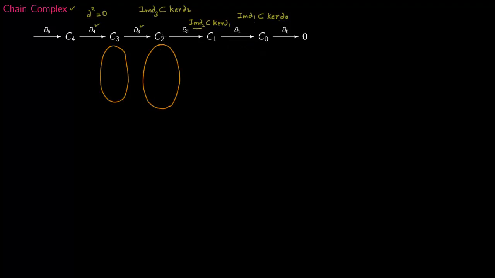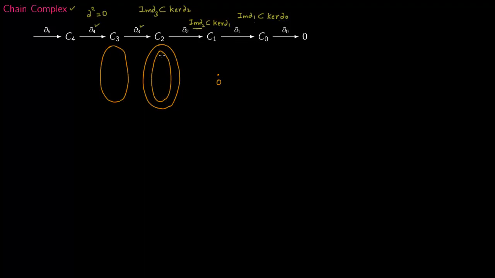So you have C2 represented by this big oval and C3 is represented by this big oval. So part of C2 gets mapped to the kernel. So delta 2 is acting on this entire oval and part of it is getting mapped to 0. So say this portion right here is getting mapped to 0.